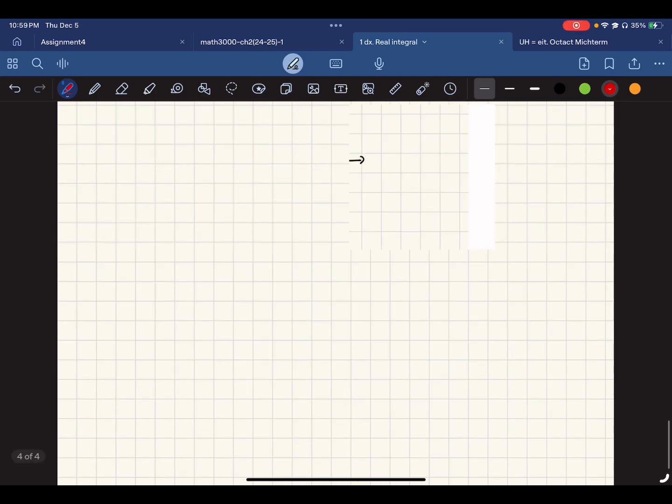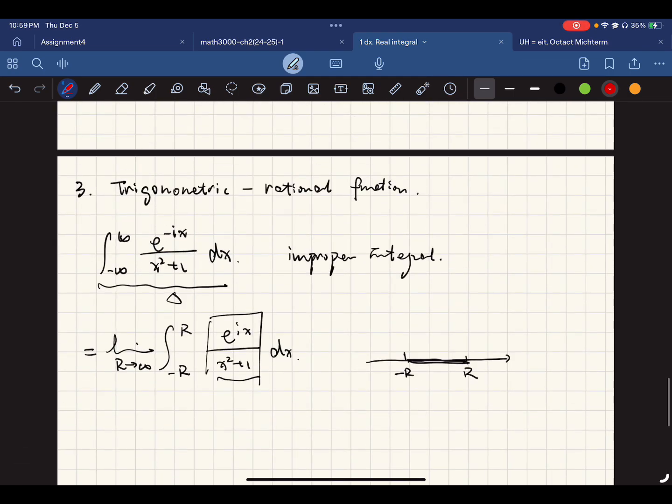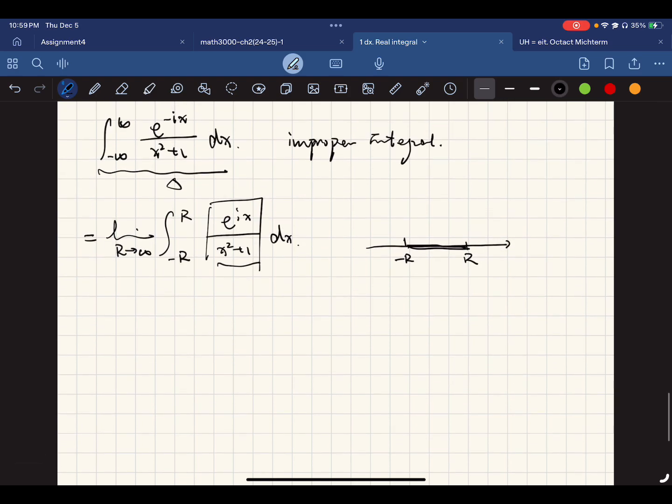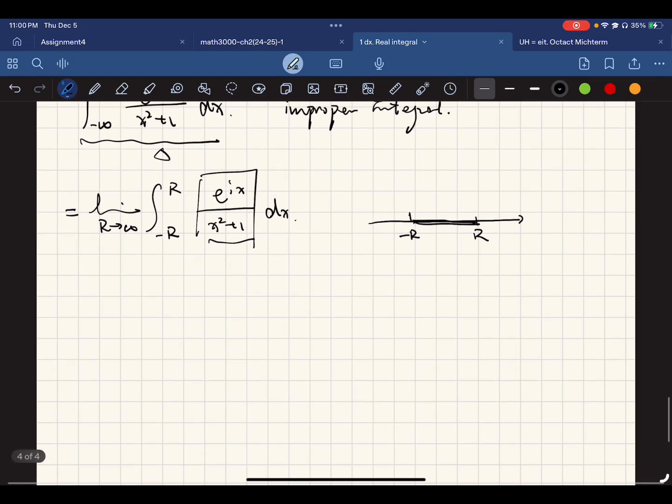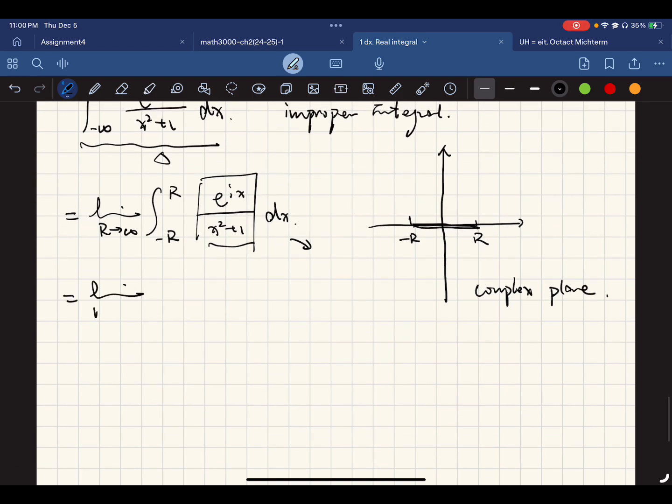Okay, let's see how to do that. Firstly, we need to construct a contour in the two-dimensional complex plane.